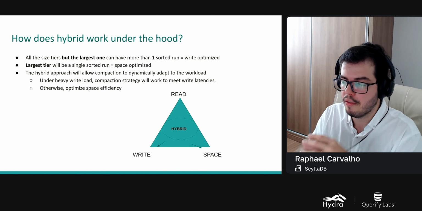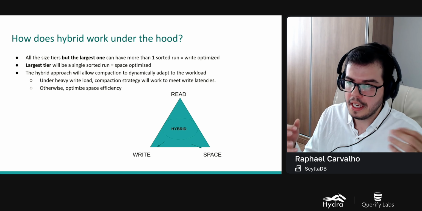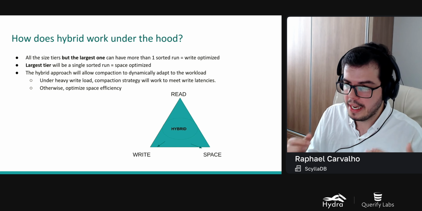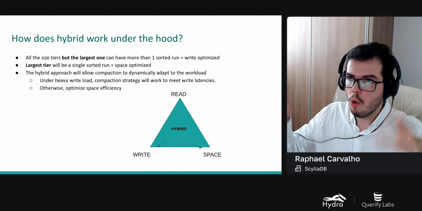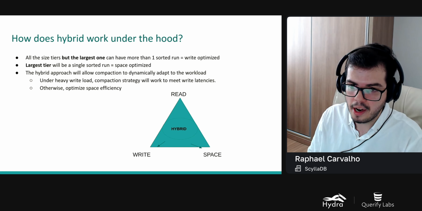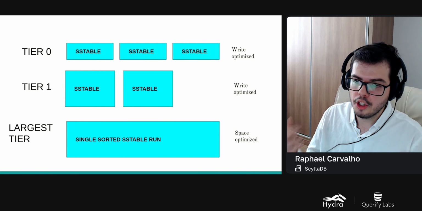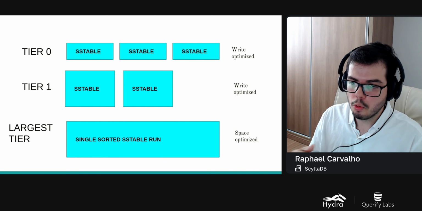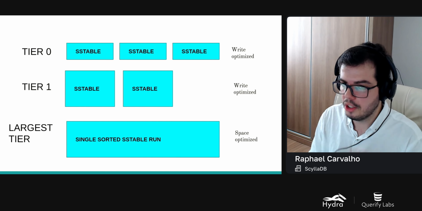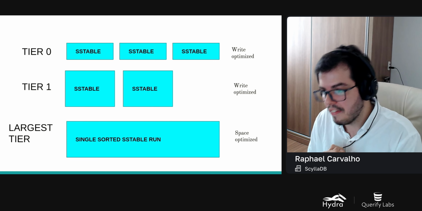We're going to allow accumulation of files in those buckets, because you can think of the hybrid layout like a set of levels, where the biggest level is going to work like a level. I have a diagram which makes it clear. You can see that tier 0 is going to be write optimized, tier 1 is going to be write optimized, and the largest tier is going to behave like a level in the level policy.